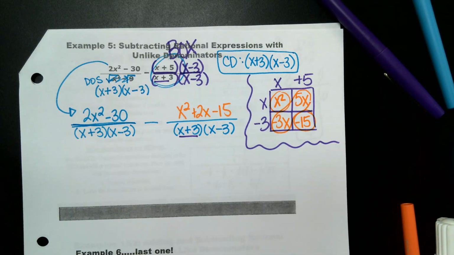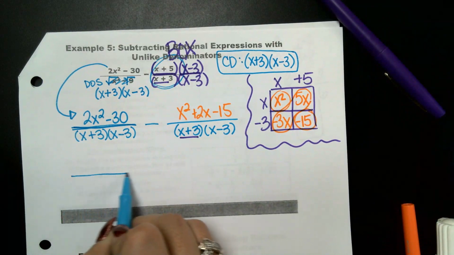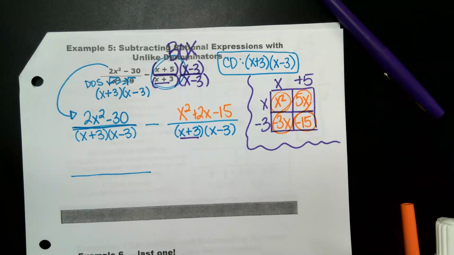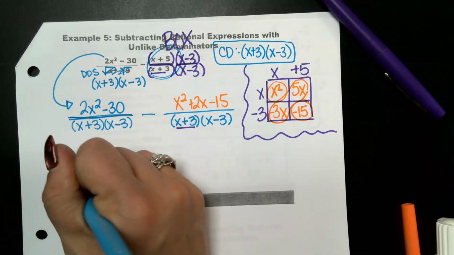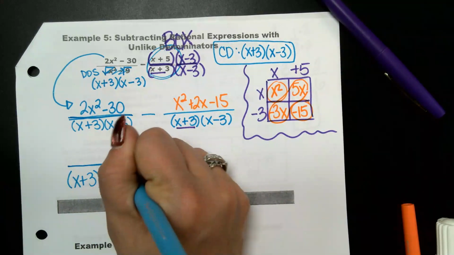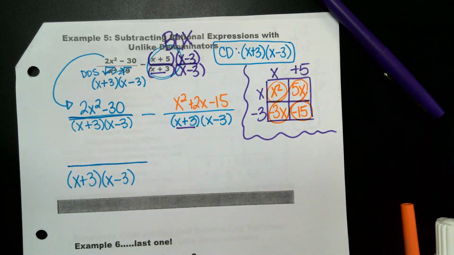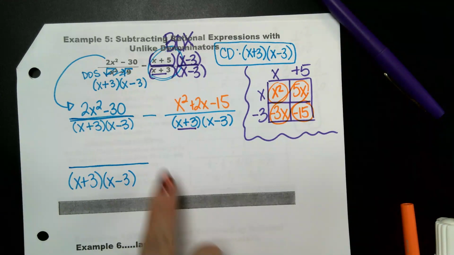Now we're ready to combine, right? We're going to turn this thing into just one fraction. Let's just go ahead and write it as one fraction, because we're not changing the denominator yet. Okay, what kind of problem is that?